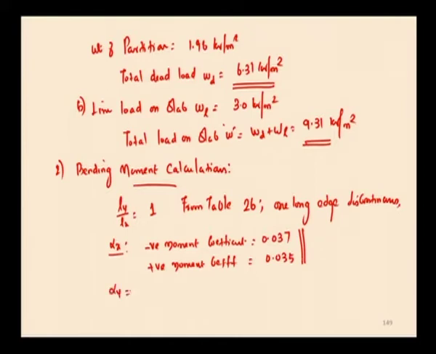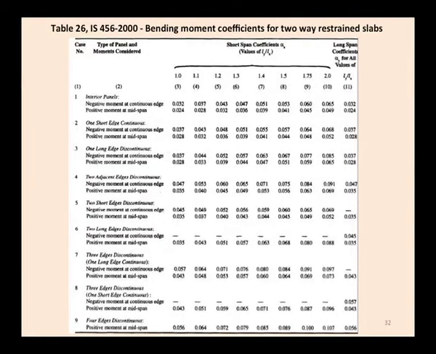Then alpha y, that is long span coefficient in the direction y, called alpha y, for Ly by Lx is equal to 1.